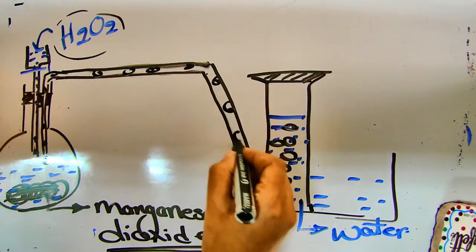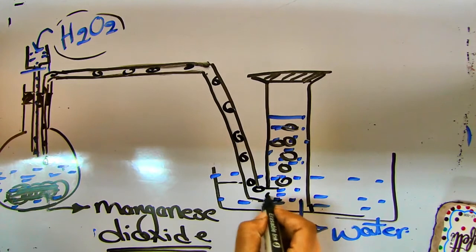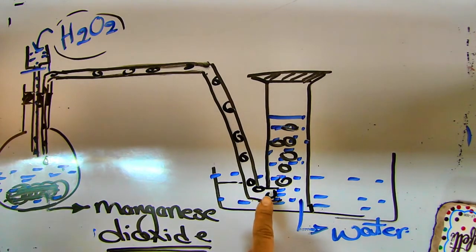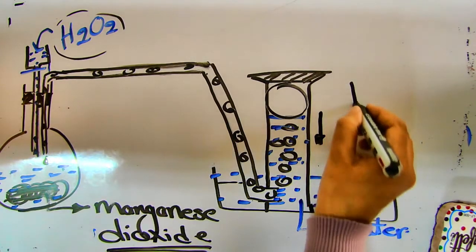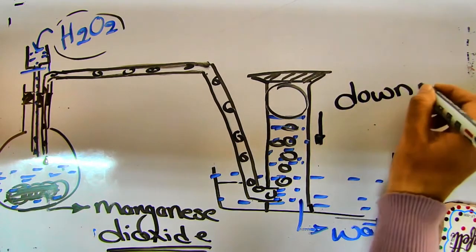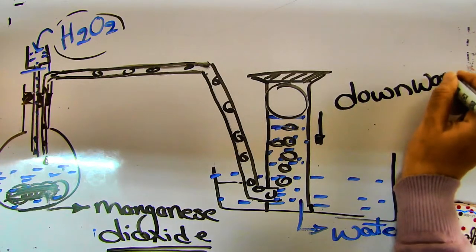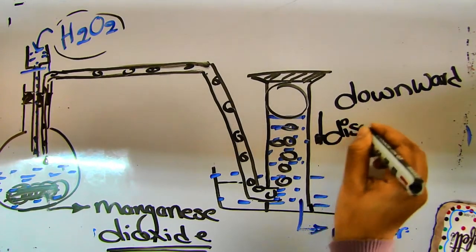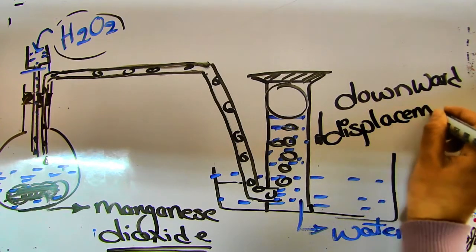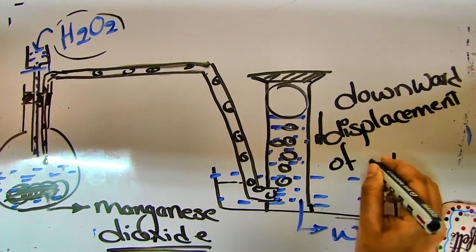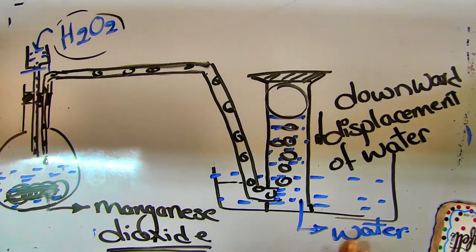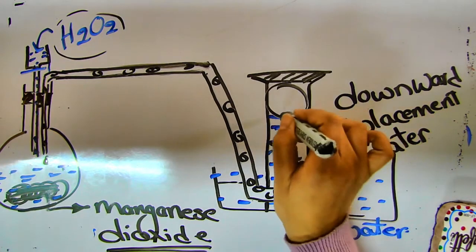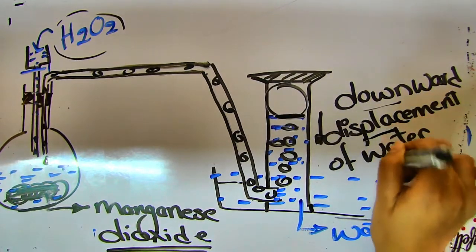Oxygen gas replaces water by downward displacement of water, as it scarcely dissolves in water.